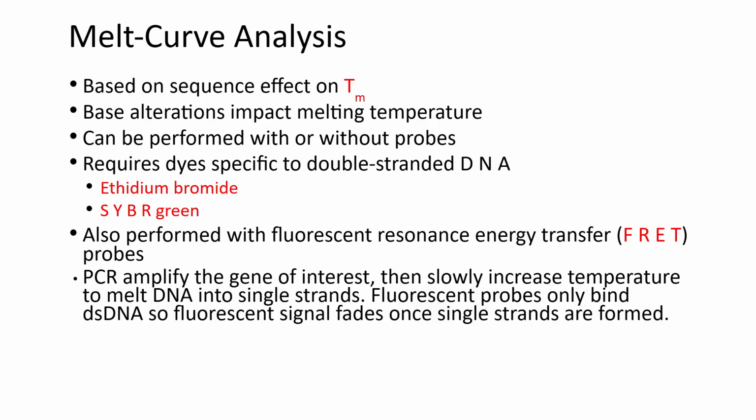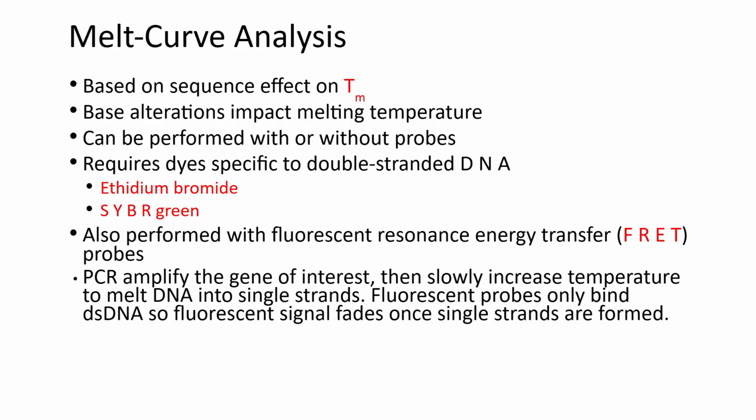So if there's more C and G pairs in a particular sequence, we're going to have a much higher melting temperature. The longer the sequence is also going to impact the melting temperature. And then if we have mismatched bases, they aren't going to bond to each other, so that can decrease the melting temperature.